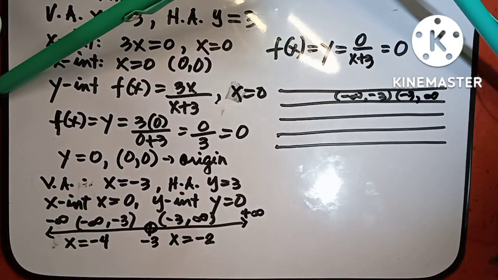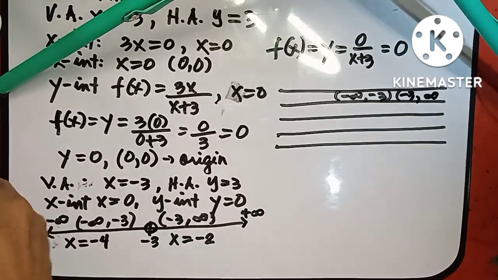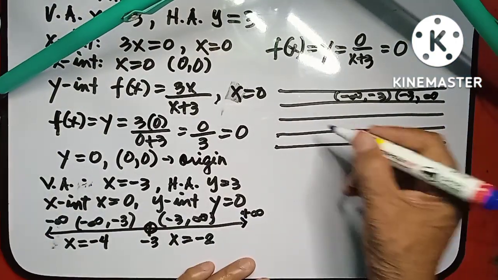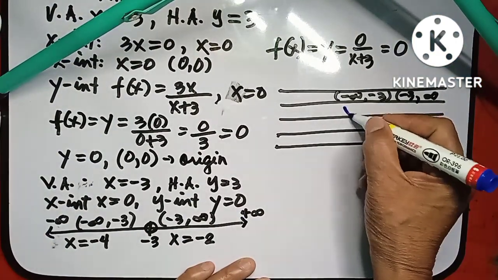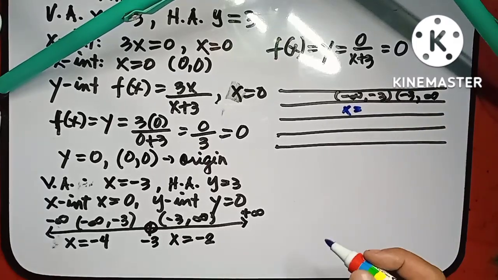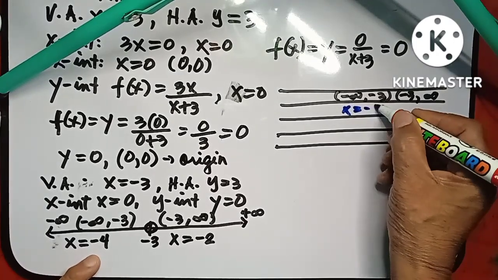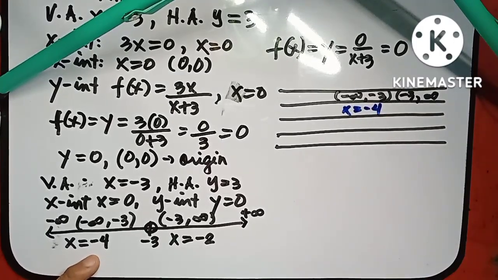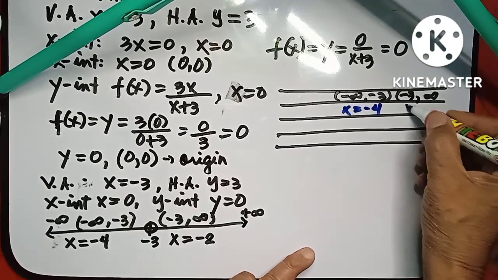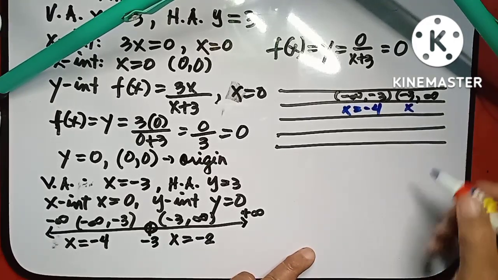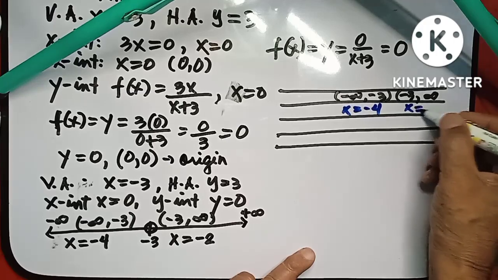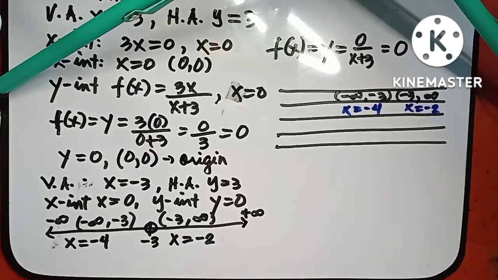The test values are x equals negative 4, and x equals negative 2.